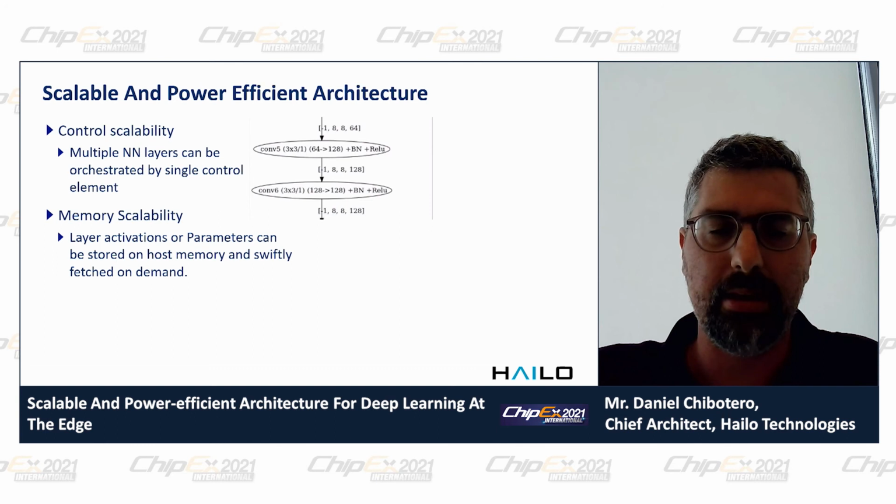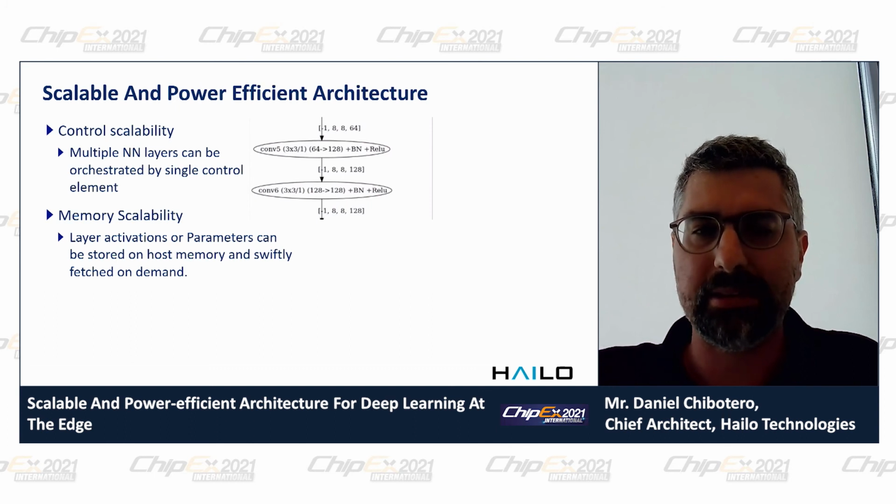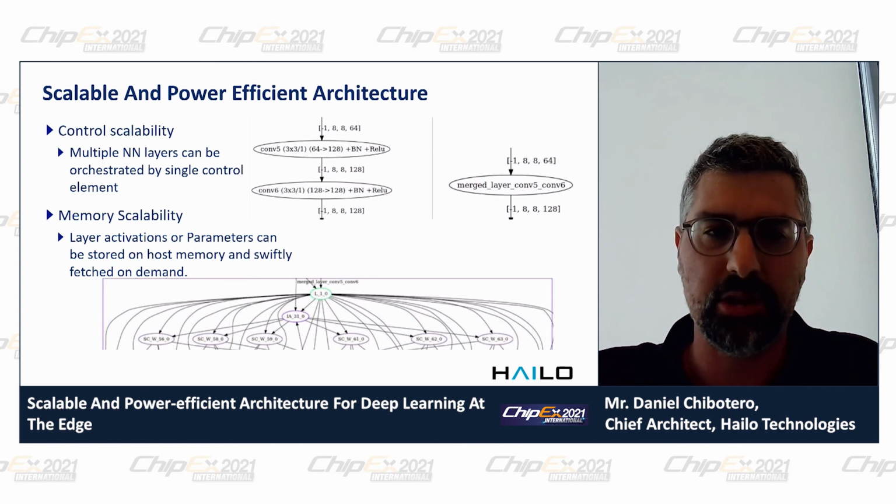In terms of control, we enable multiple neural network layers to be orchestrated by a single control element in our chip. We merge them into a single layer in our toolchain and then map the resources needed to implement these two layers together. Using this method, we don't run out of control elements in our chip.